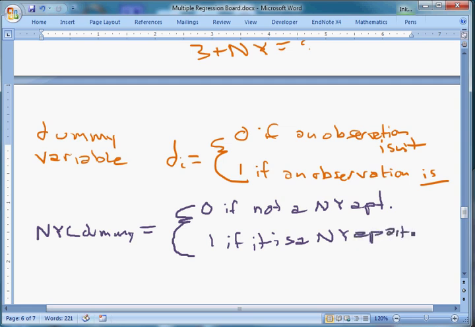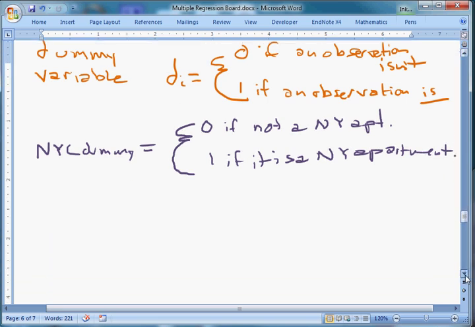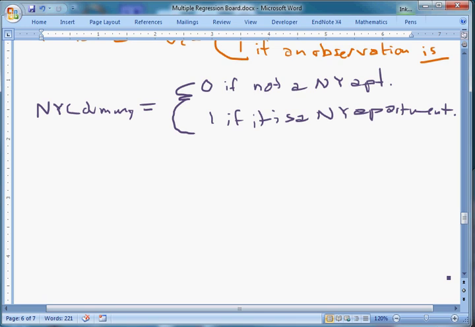Easy enough definition. What this allows us to do is we can now extend our model to include the dummy variable. So our model before included this: rent equals beta 0 plus beta 1 times floor space.